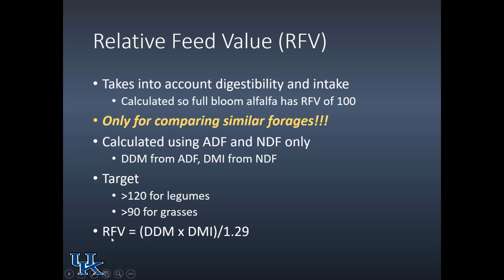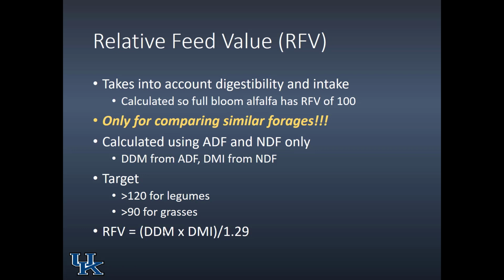RFV equals digestible dry matter times dry matter intake divided by 1.29. And if you think about this just a little bit, this is really a logical equation, because you've got the intake, which is important to know, times how much of that you have eaten is going to be digested. And that tells you basically the intake of digestible dry matter.